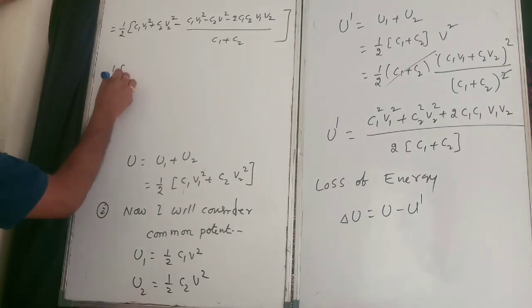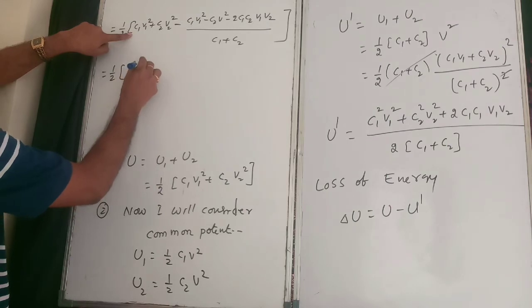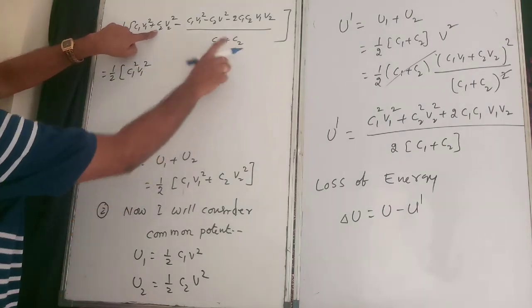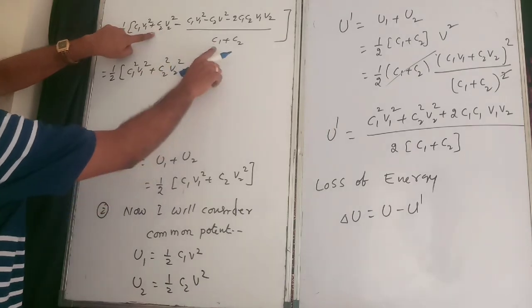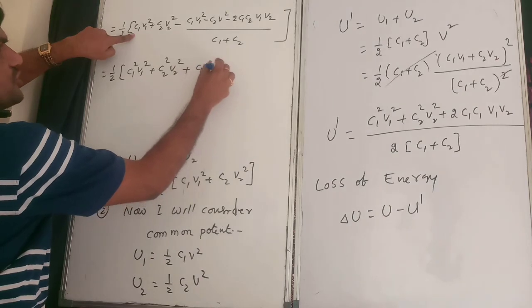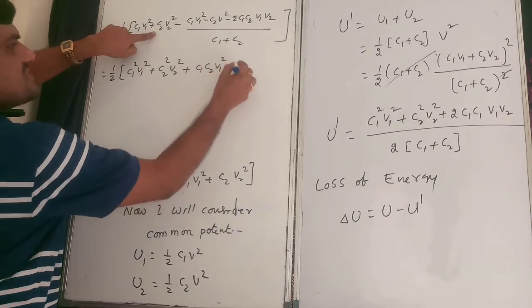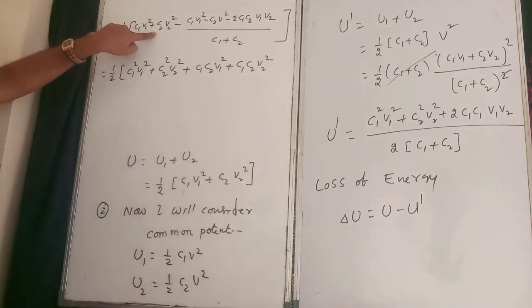Therefore 1 by 2, C1 into C1 square V1 square, C2 into C2 square V2 square, plus C2 into this one, C1 C2 V1 square, next C1 C2 V2 square.